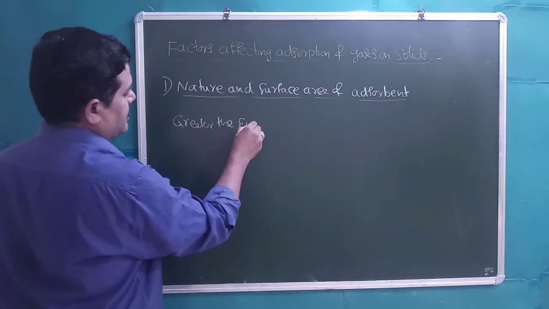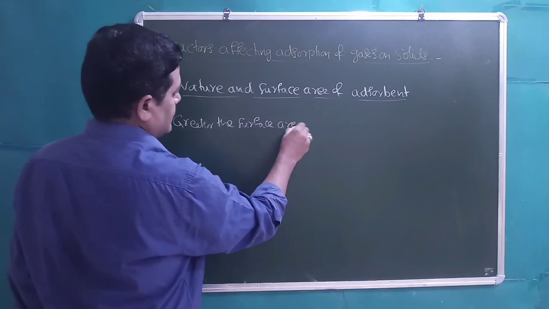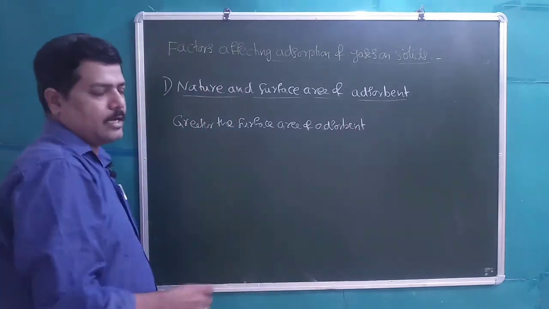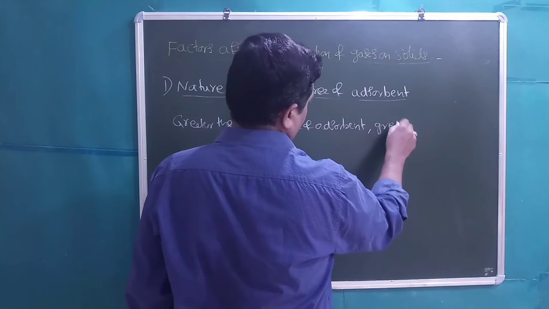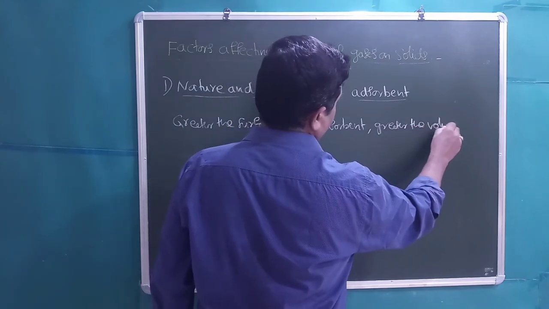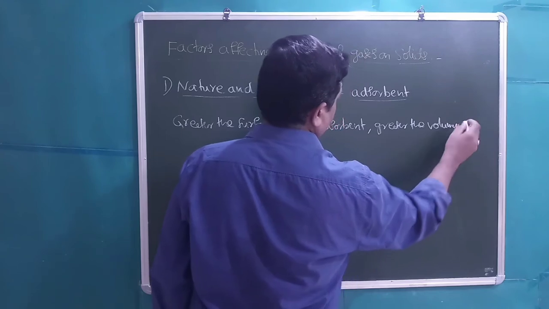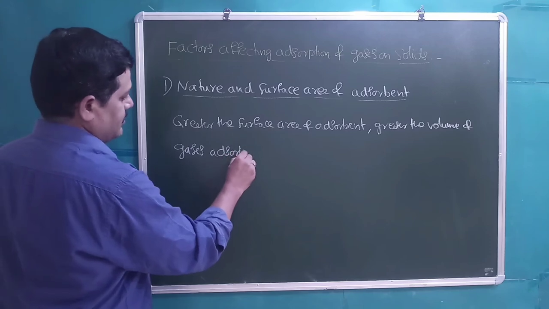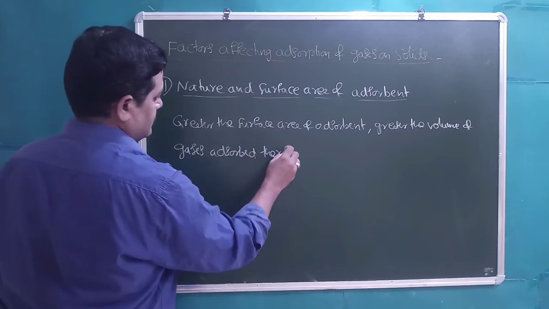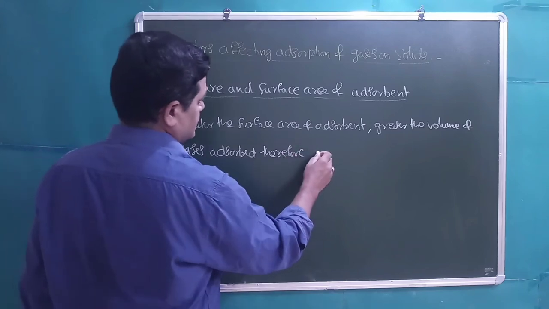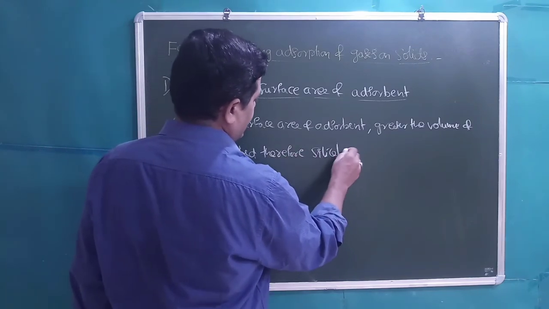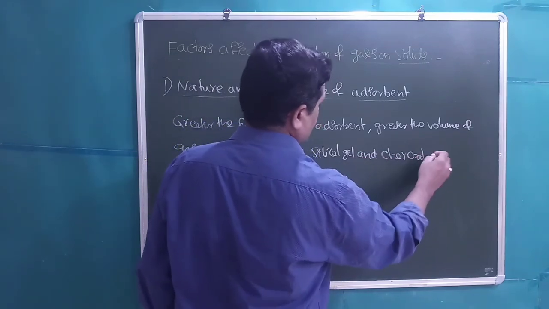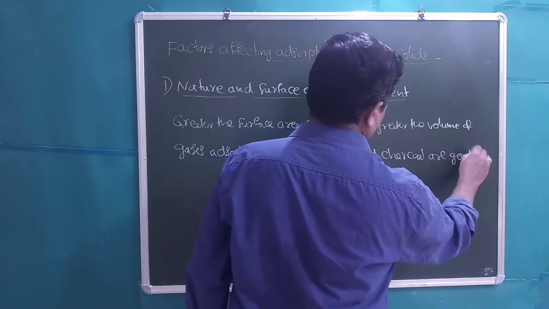Greater the surface area of adsorbent, greater the volume of gases adsorbed. Therefore, silica gel and charcoal are good adsorbents.